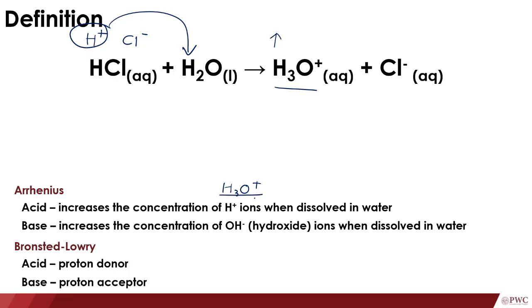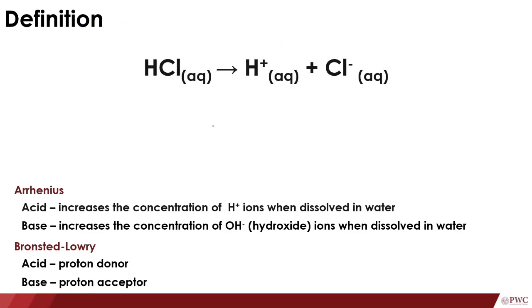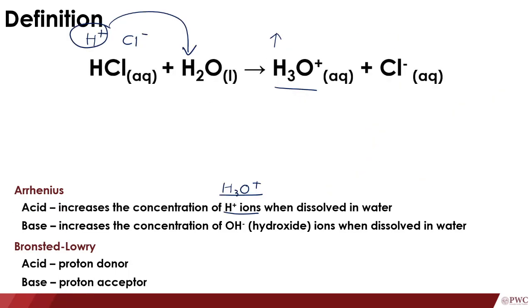This is just the same. It differs on the perspective, because here I just put into perspective the reaction of this H plus with the H2O molecule, but it's basically the same thing. So this is an acid based on the Arrhenius definition.